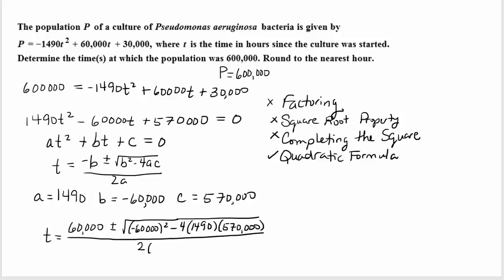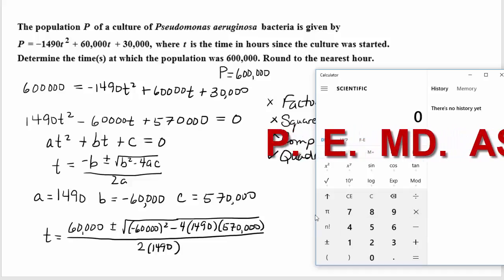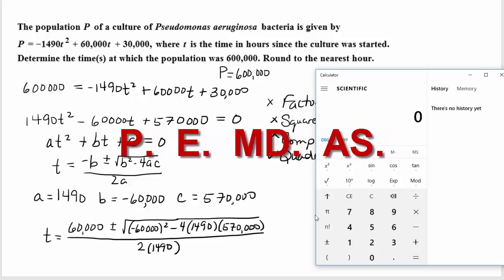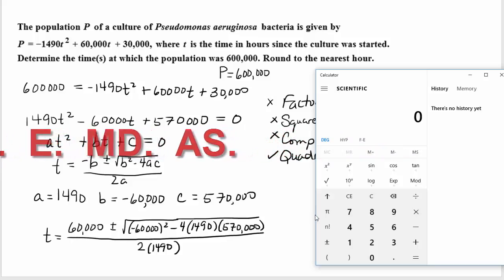Over 2 times 1490. Now we're going to pull out our calculator. The challenge we face here is the order of operations. Remember, we work inside the grouping symbol first. That's the P in PEMDAS. E stands for exponents, which come next, then multiplication and division, and then addition and subtraction.